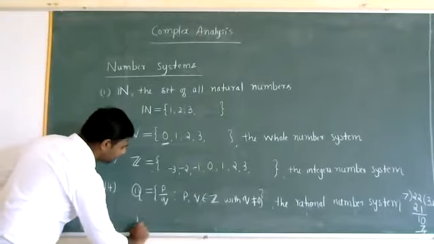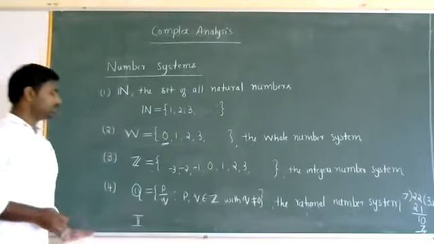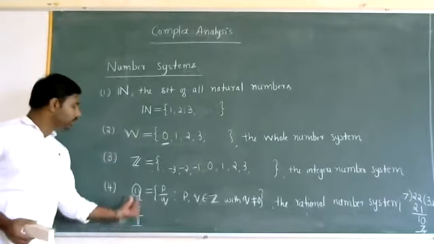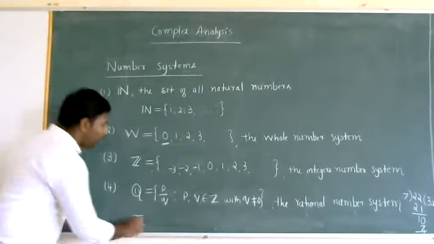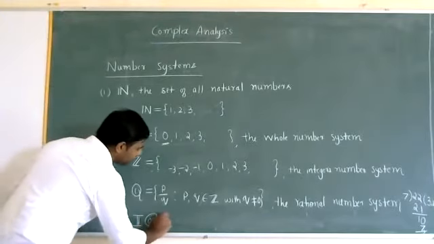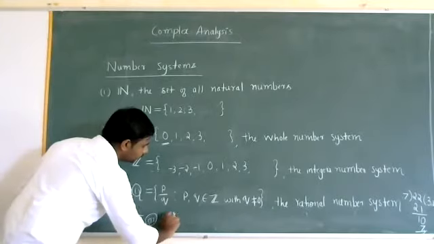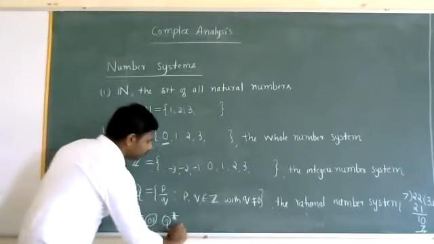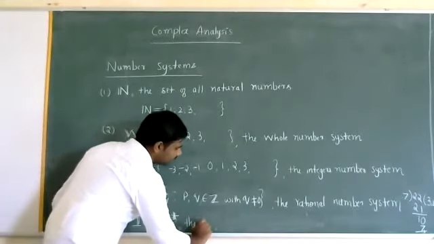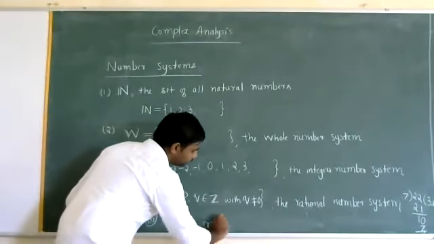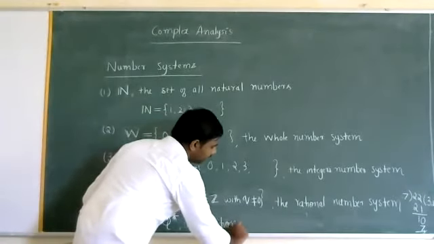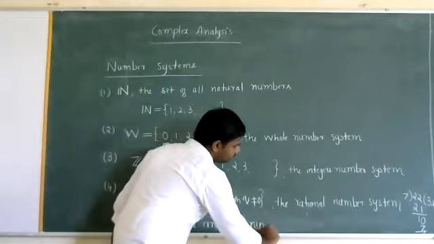It has no standard notation. You can denote it by I, or we can denote it by Q star. So Q star is the irrational number system.